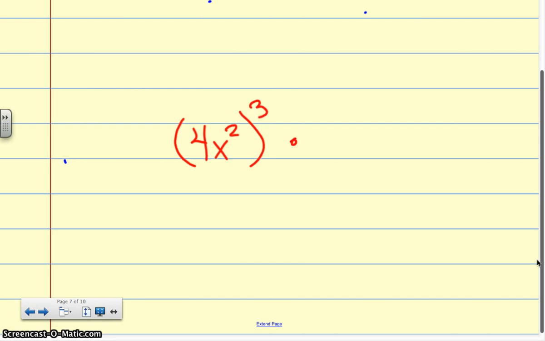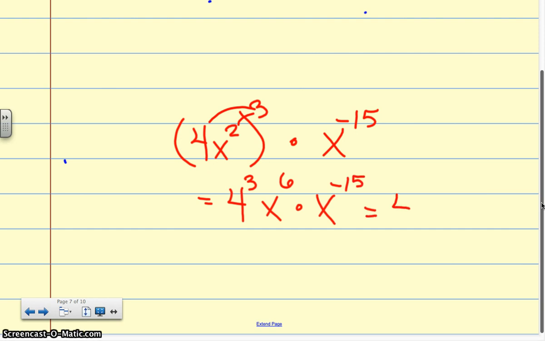We're going to do 4x squared cubed times 3. I don't want to do times 3. I want to do times x to the negative 15. All right, we got a few things going on. Distribute my power, so that would turn into 4 cubed x to the 6th times x to the negative 15.